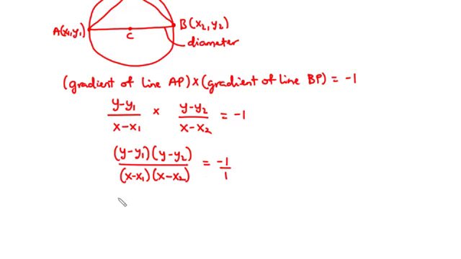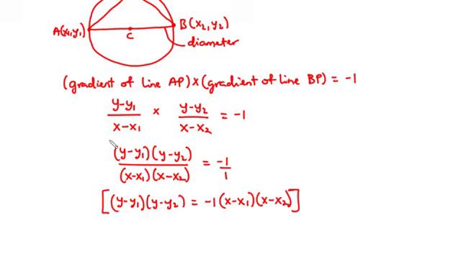So this becomes y minus y1 times y minus y2 equals -1 times x minus x1 times x minus x2. So this is the required equation to find the equation of a circle given the ends of the diameter.